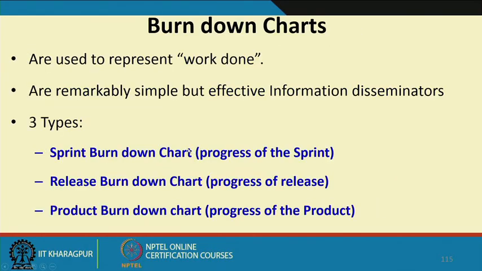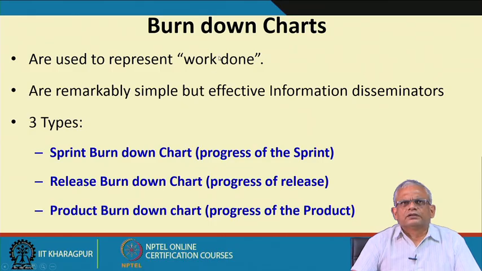Now, let us look at the burn down charts. This represents the progress achieved so far. There are three important types of burn down charts. One is the sprint burn down chart, which shows during a sprint how much progress has been achieved till a date.